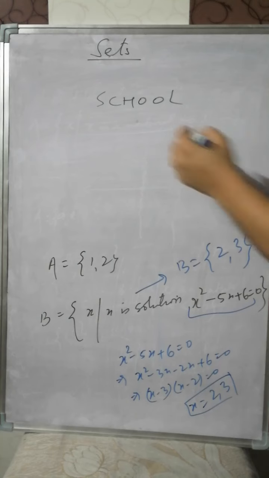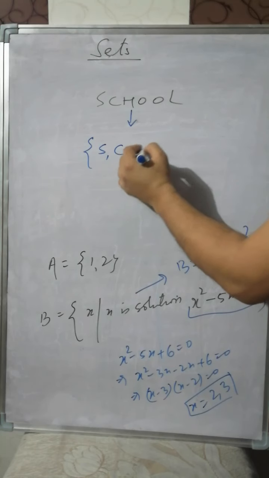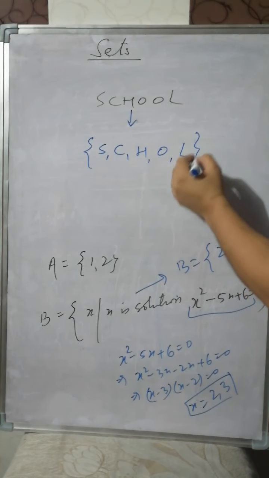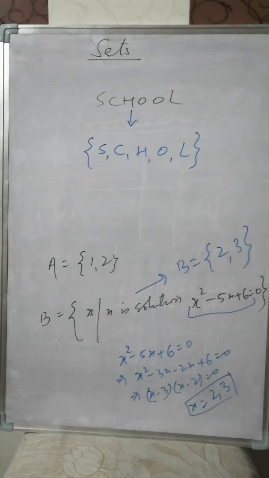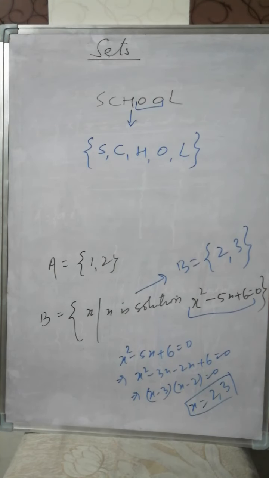So when you write this, it will be S, C, H, O, L. I hope you're thinking it right, because if something is getting repeated, it is not repeated while writing it in the roster form of the set. So only one will be written.